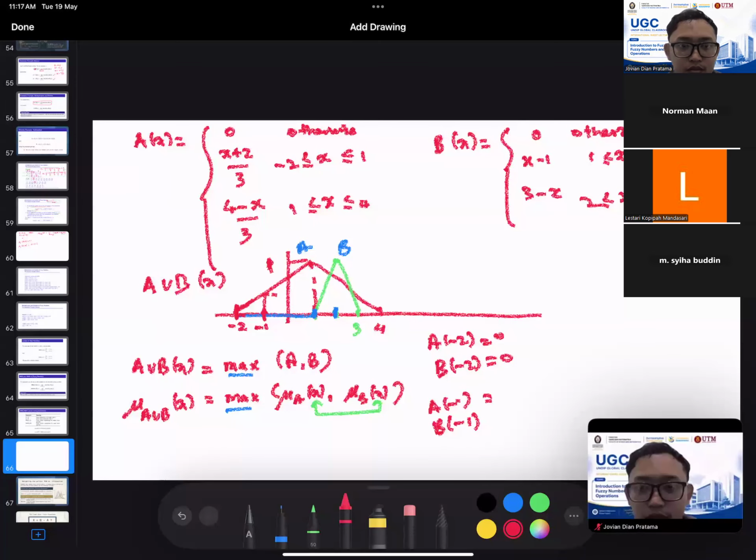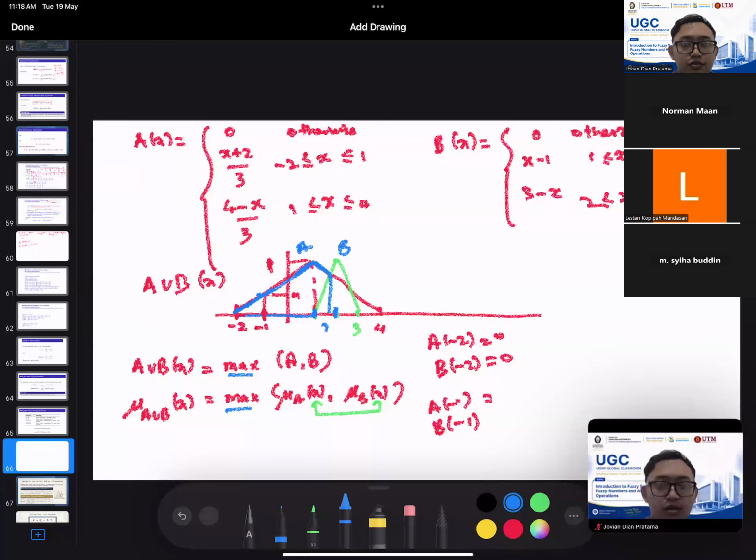But we need to choose the maximum one, so definitely the answer will be something like this. As x is increasing, we get something like this, and here we get the blue color, A. When x is here, we need to choose which fuzzy value is the maximum.